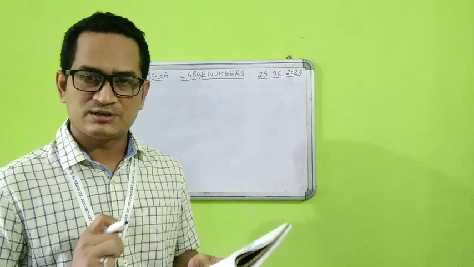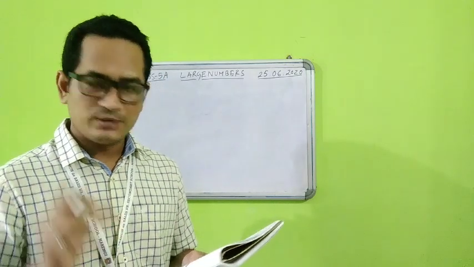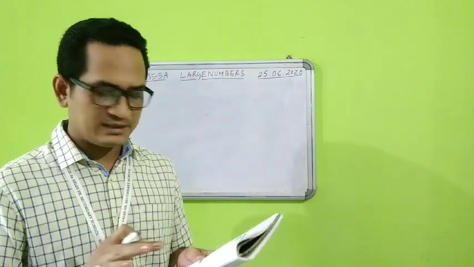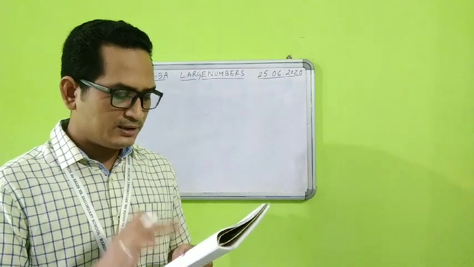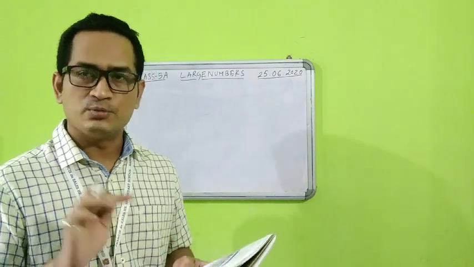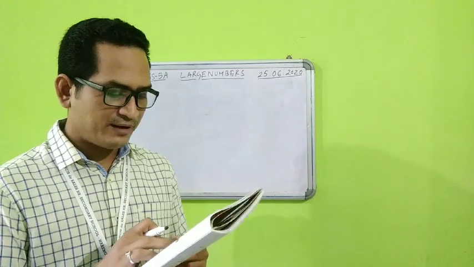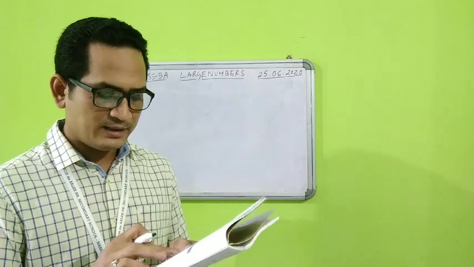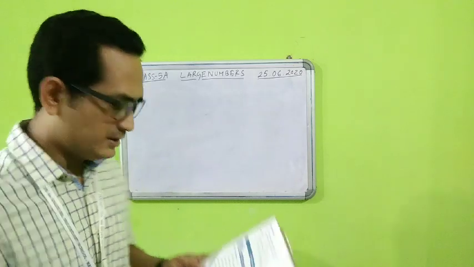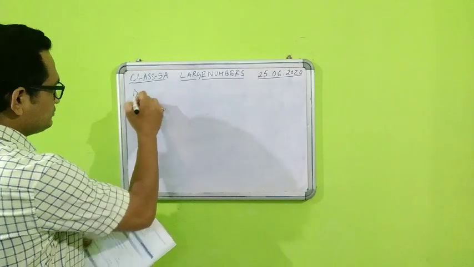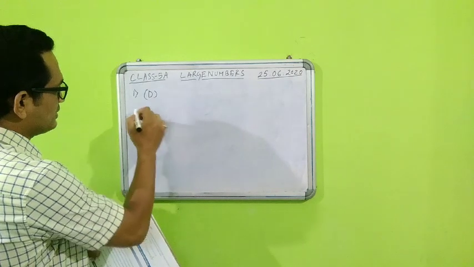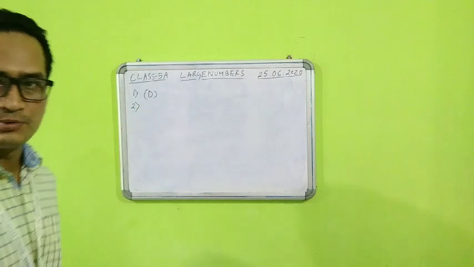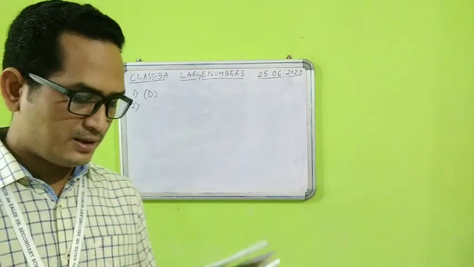You can see the options given below, A, B, C, D. Students, if you see properly, in the Indian system the periods are already put. So accordingly, the name of this number will be option D. So question number 1, option D, will be the correct option.